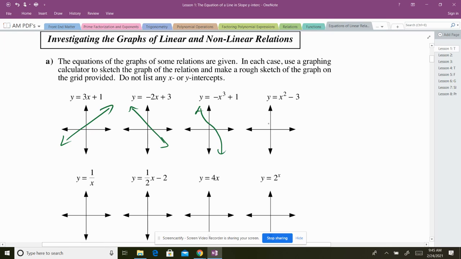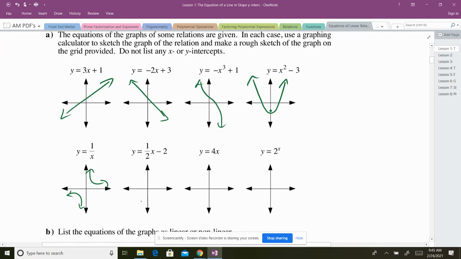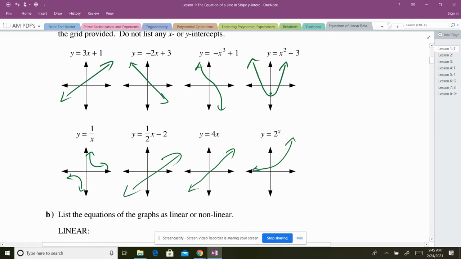That looks like that. You'll love this one. That's what all the graphs look like. You don't need to know how I know all those graphs, but if you go up through Math 12 and calculus, you'll learn why.